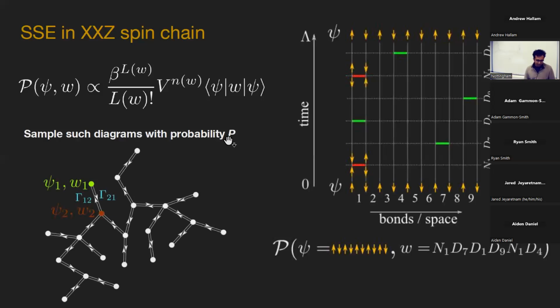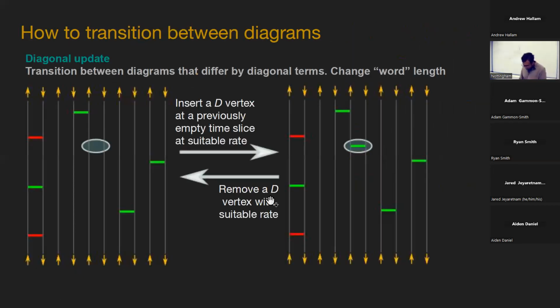Now I just need to find some Monte Carlo rule which essentially implements this probability distribution, and that will get me the right sample.